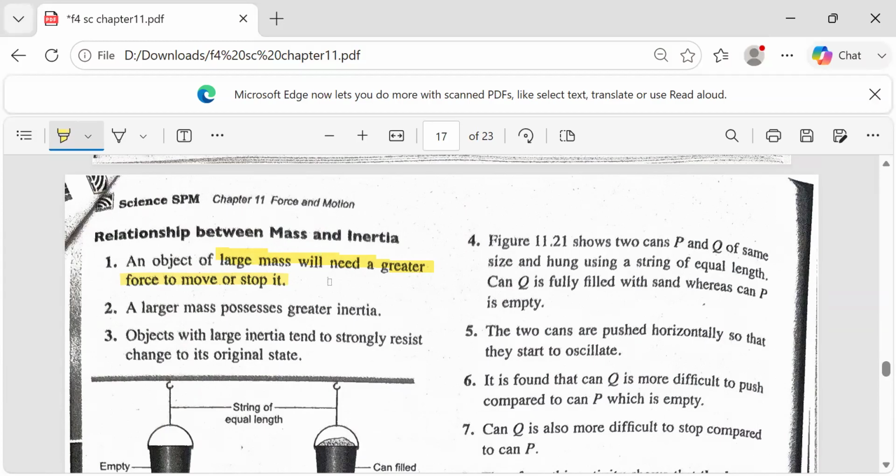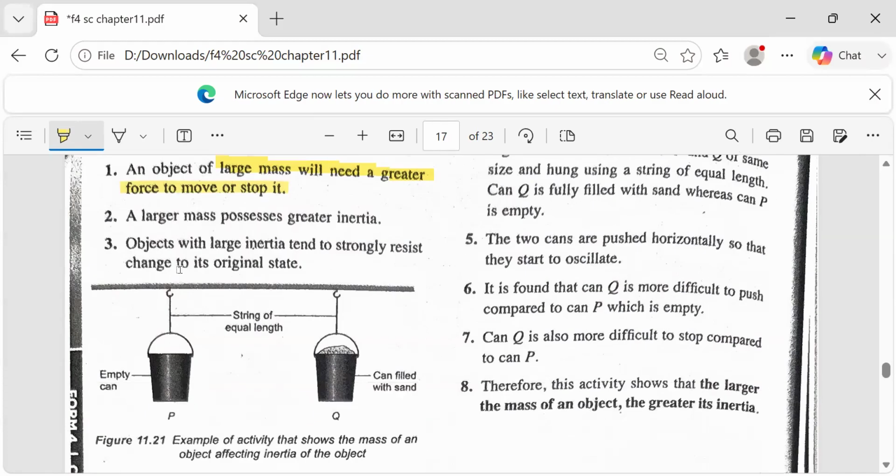Because a large mass will need a greater force to stop or move it. Get it? Okay? So a larger mass possesses greater inertia. The bigger, the harder to move, and the harder to stop. So an object with a large inertia tends to strongly resist change in its original state.